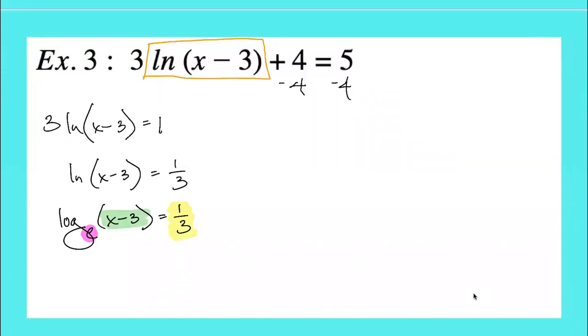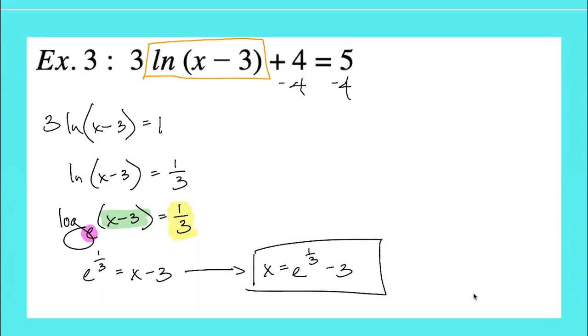So when I rewrite this in exponential form, I will get e to the 1/3 equals x minus 3. And from there, all I need to do is add 3 to isolate my x. X equals e to the 1/3 minus 3. And that is our answer.